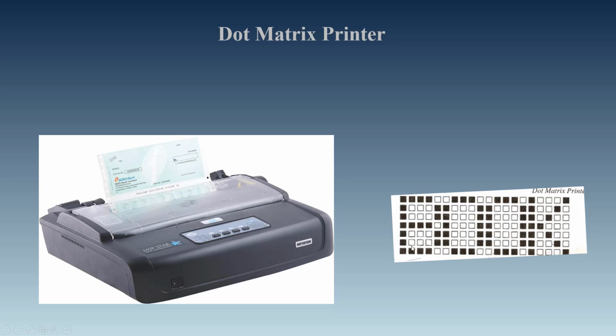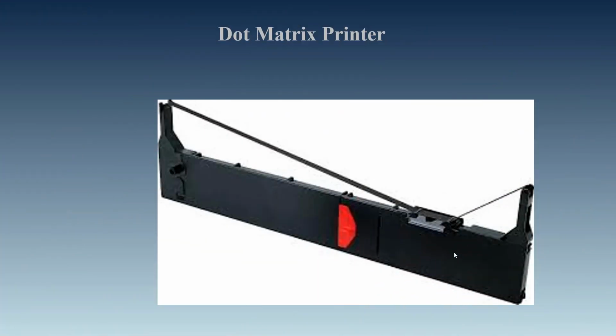To print a single character, multiple dot operations were performed, and it was very slow. It's the dot matrix printer, and this is the working mechanism. Here is the ink ribbon, this is the print head, and this is its body, and somewhere on this frame are the alphabets.